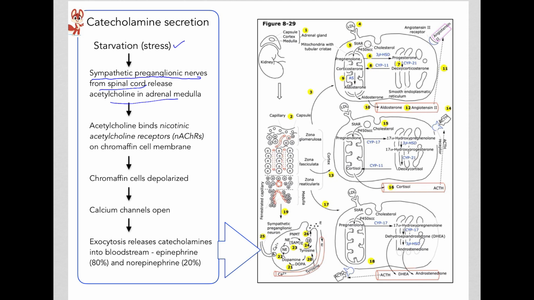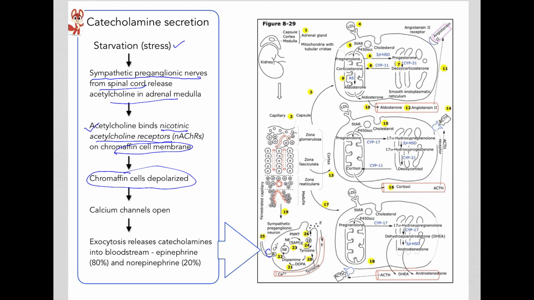So we have acetylcholine released at the adrenal medulla, and the acetylcholine will bind these receptors, nicotinic acetylcholine receptors, on the chromaffin cell membrane. And when the acetylcholine binds these nicotinic receptors, the chromaffin cells become depolarized.